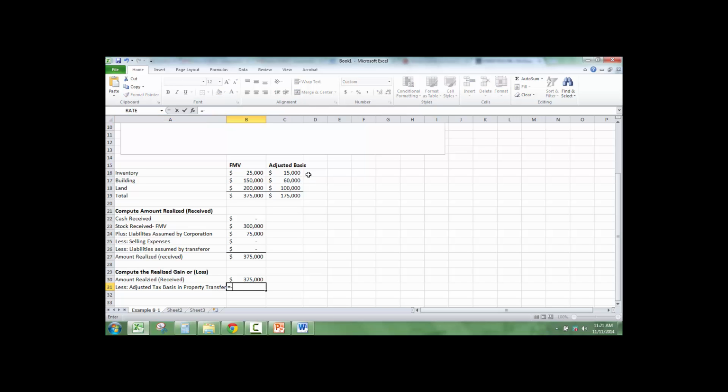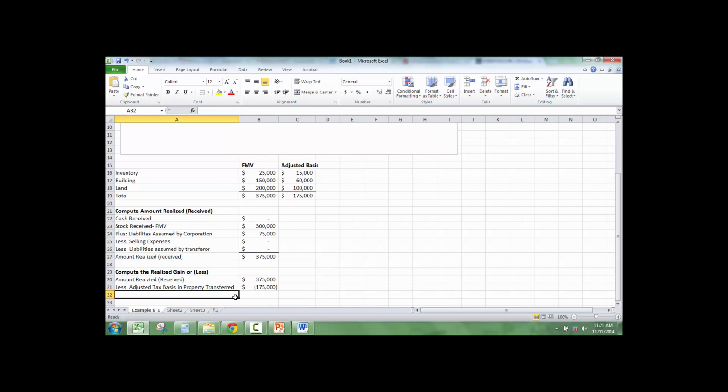So we're going to take a negative adjusted basis, and this is the amount of gain or loss realized. So this is when you transfer property in exchange for stock to a corporation.